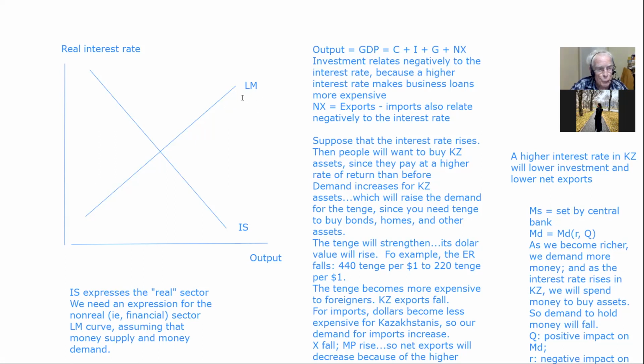Since money supply is a constant, money demand on the schedule has got to be constant as well. If money supply is 3 trillion tenge, money demand is also 3 trillion tenge.